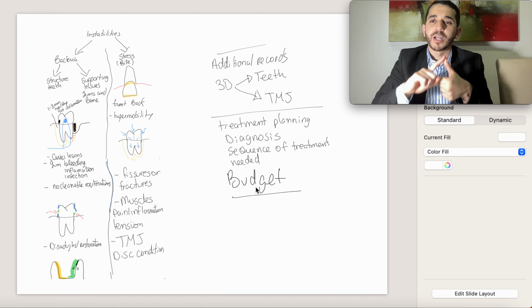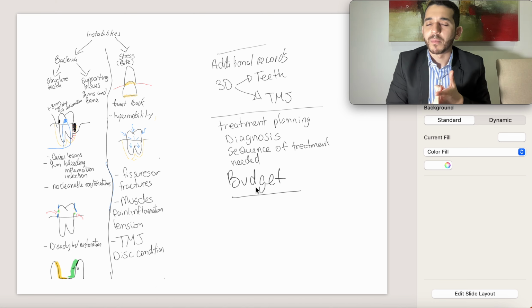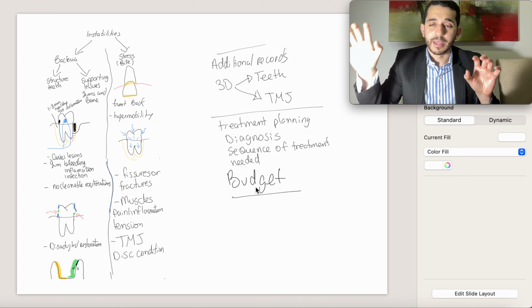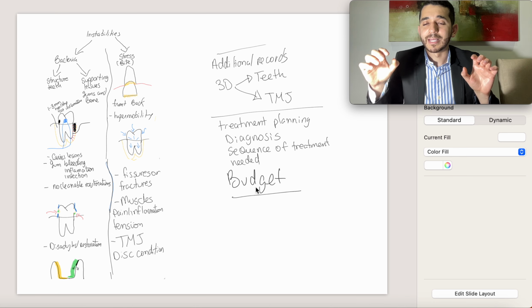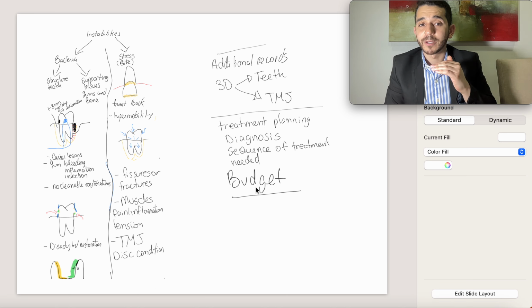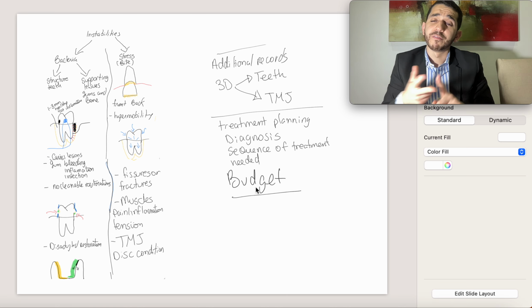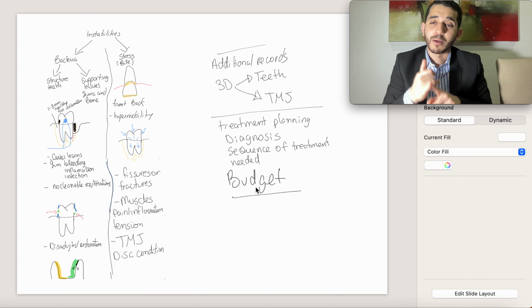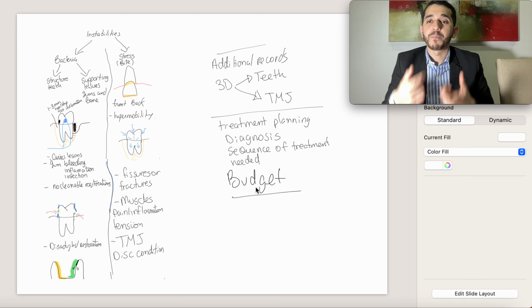We're going to look for caries lesions, gum bleeding, inflammation, infection, non-cleanable restorations, and disadjusted restorations. And for the causative factors of bite, we're going to look for the following signs. We're going to look for wear in the incisal or cervical area, hypermobility, fissures or fractures, muscle pain, inflammation or tension, and we're going to look for any TMJ disc condition that is important to study further.